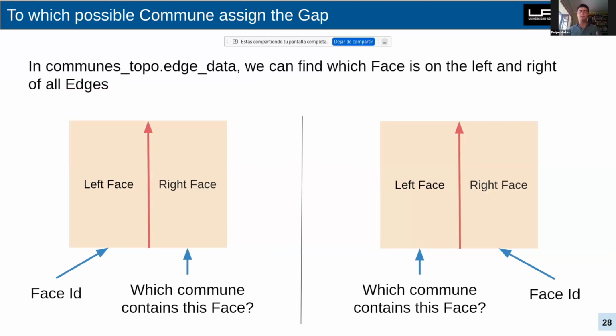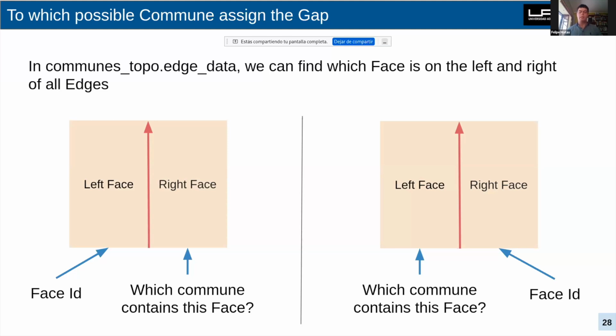We can pick an edge, any of them, record the face ID on the left, and answer the question of which commune contains that face on the right. We already know which edges to look at, and we already know which faces each commune contains, so we can easily get these answers.